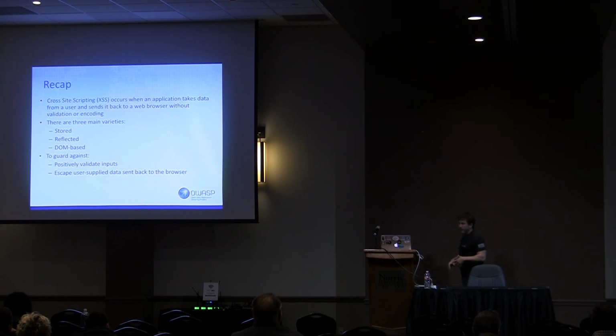The other is reflected cross-site scripting, where we're going to pass something in a request that gets immediately reflected back. So I'm going to have to craft a link that has that appropriate payload and then trick someone into clicking on that link. Or DOM-based cross-site scripting. Again, get someone to click on a link, but where that link is going to have some characteristics that's going to cause parsing that is done on that to make bad decisions.